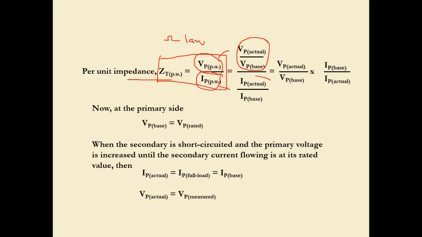We expand this into V P actual over V P base, and I P PU expands into I P actual over I P base. Rearranging, we have V P actual over V P base multiplied by I P base over I P actual.